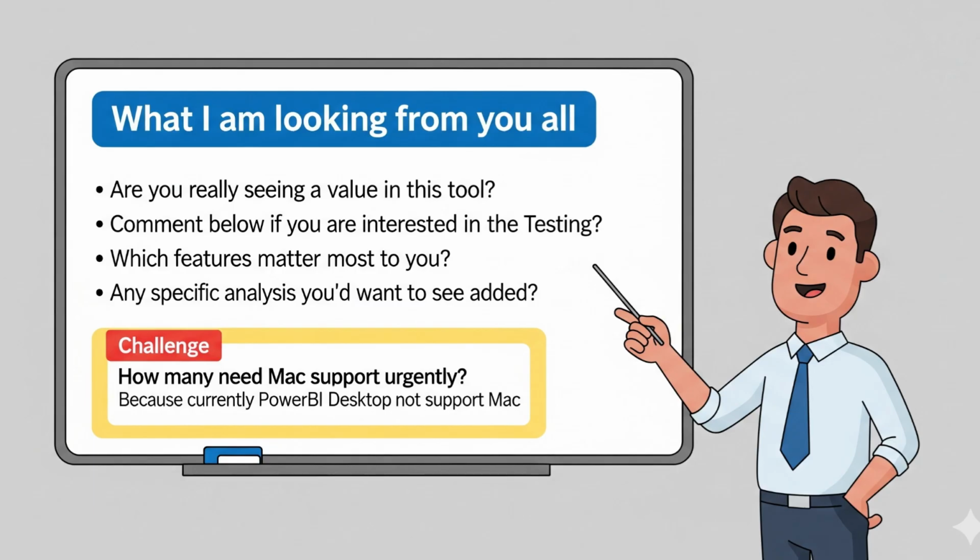I want genuine feedback on what you are looking for, whether I am able to meet those requirements, or whether you still require a few more features or requirements that are missing. Feel free to comment on those things.